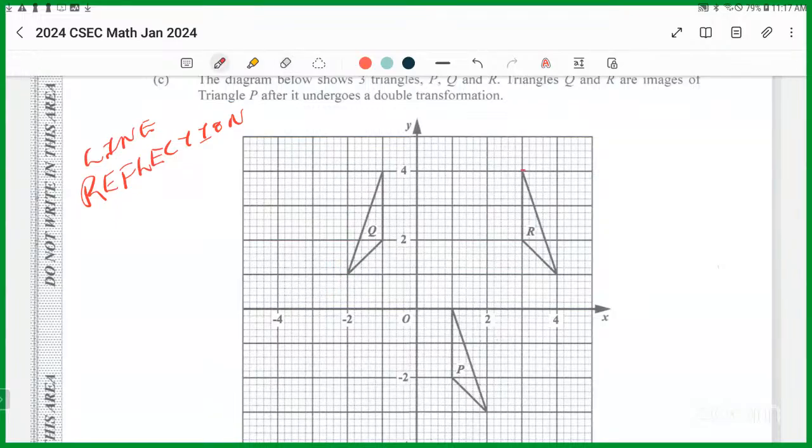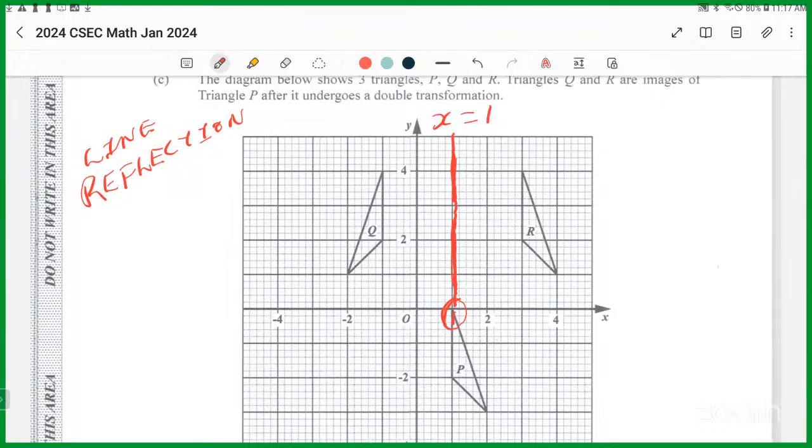So for example, halfway between these 2 points is right here, and halfway between these 2 points is also right here. So that vertical line becomes your mirror for this reflection. That's a vertical line passing through 1 on the x-axis. So this line is x equals 1. So it's a reflection in the line x equals 1.